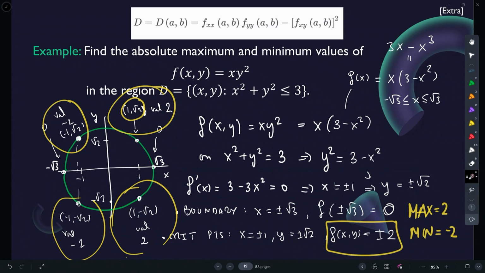Okay? How did you find it was 0? I plugged in. So the boundary is when x is plus or minus the square root of 3. Plug in the value in here, and what you get is that x is the square root of 3, is 3 minus the square root of 3 gives me 0. Okay? Because it has to be a point on the circle, it has to satisfy this. So in any case, the function at those points vanishes.